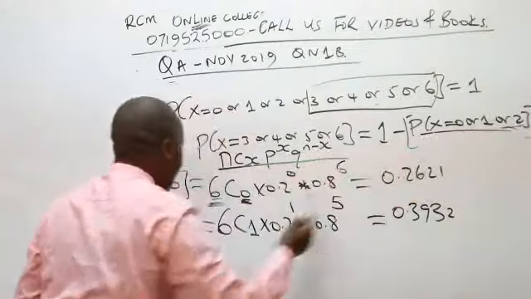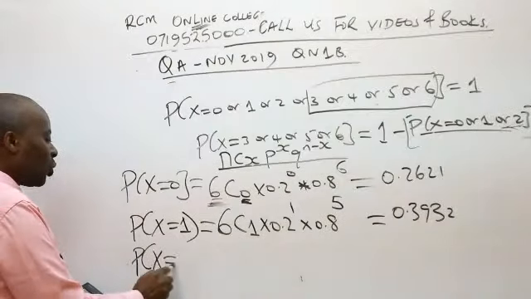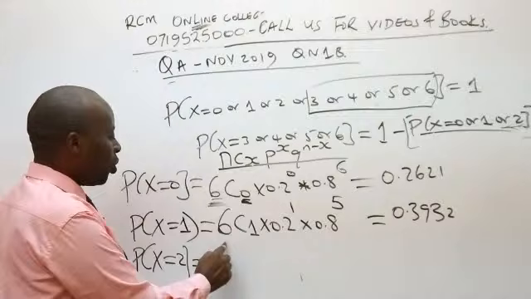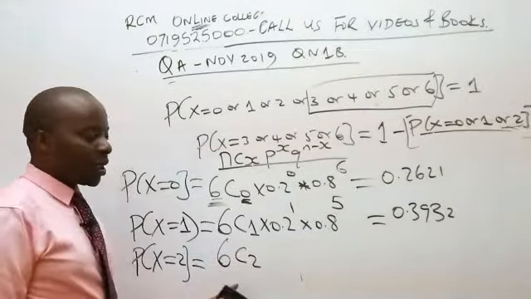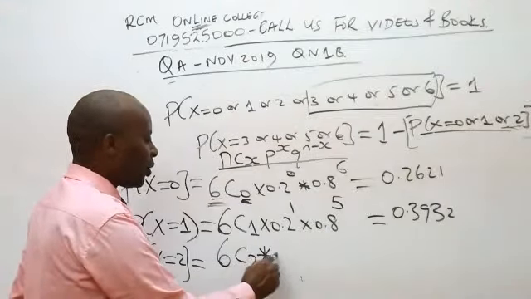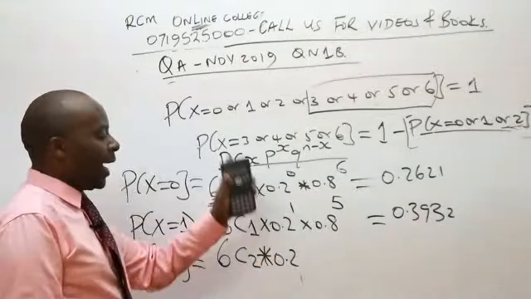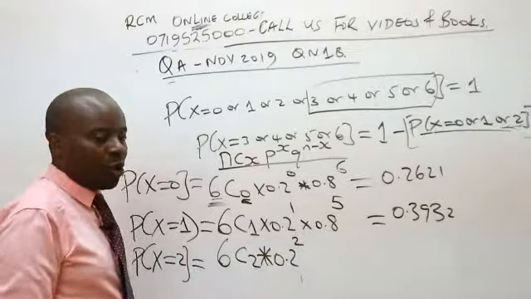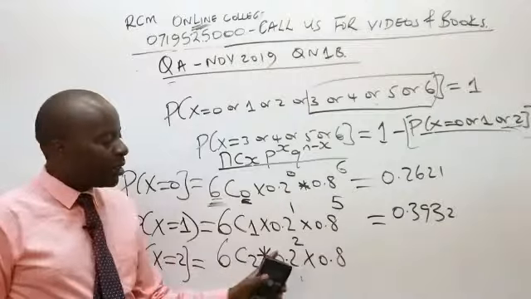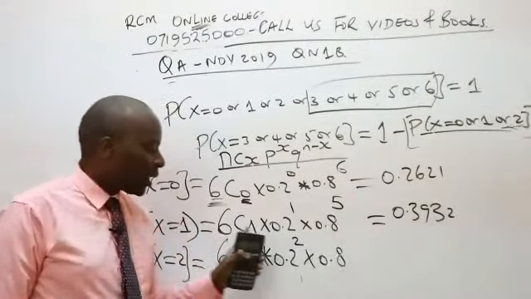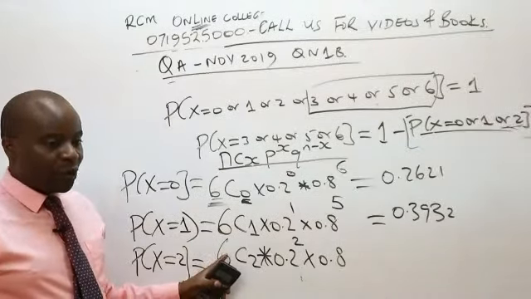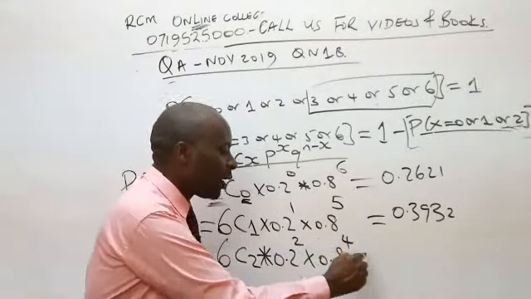From there, ladies and gentlemen, we have the last event. The last event is the probability of X being equal to 2. It will go like this: 6 combinations X, where our X is 2. So 6 combinations 2 times 0.2 raised to power 2, times 0.8 raised to our new power here. Remember the two powers must always total to the n that is here, 6. So this one here will be 4.